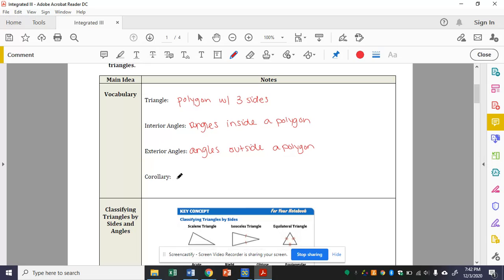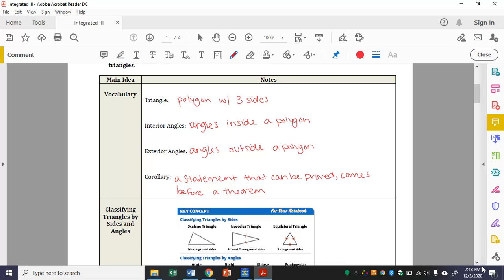A corollary is a statement that can be proved, and it usually comes before a theorem. In a theorem, you're given some strict rule. The corollary is just a little bit of that background information that helps you follow that rule.